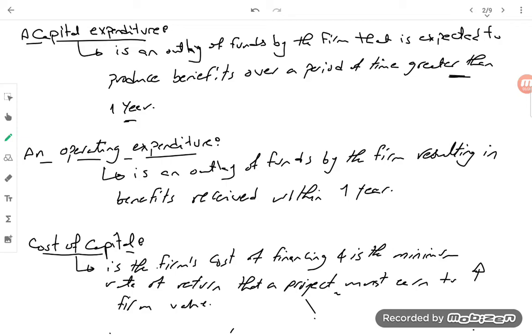Capital budgeting process has 5 main steps. Number 1, proposal generation.